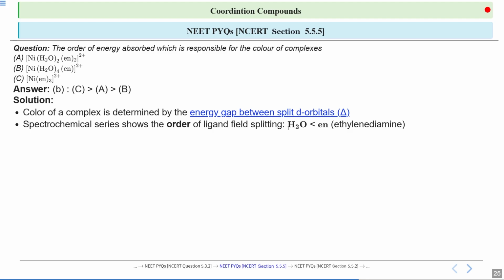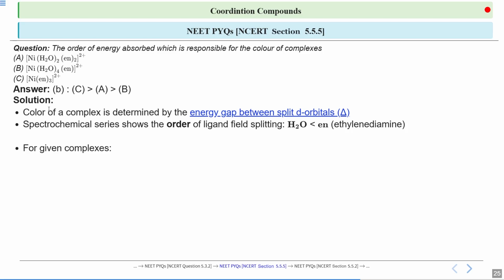If you talk about their order of field splitting, H2O will be a weaker field ligand than en, ethylenediamine. So en will be a stronger field ligand than H2O. So according to the spectrochemical series, we determine the order between the ligands for their field splitting.